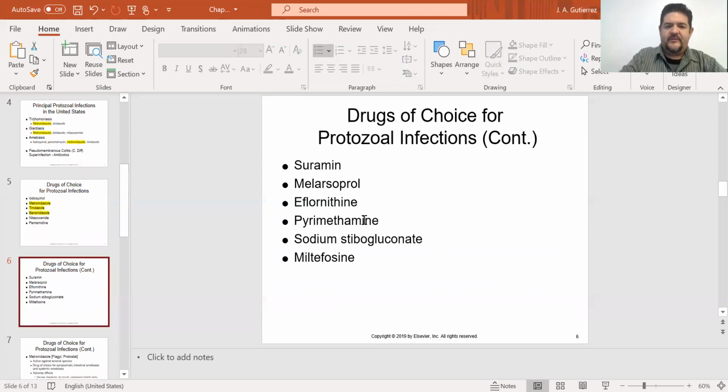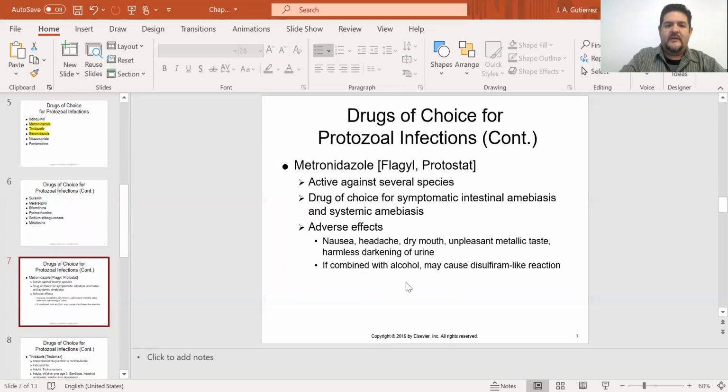Also, we have suramin, melarsoprol, eflornithine, pyrimethamine, sodium stibogluconate, and miltefosine. Again, these are not very common here in the States regarding the treatment of protozoal infections. Metronidazole is the main one.